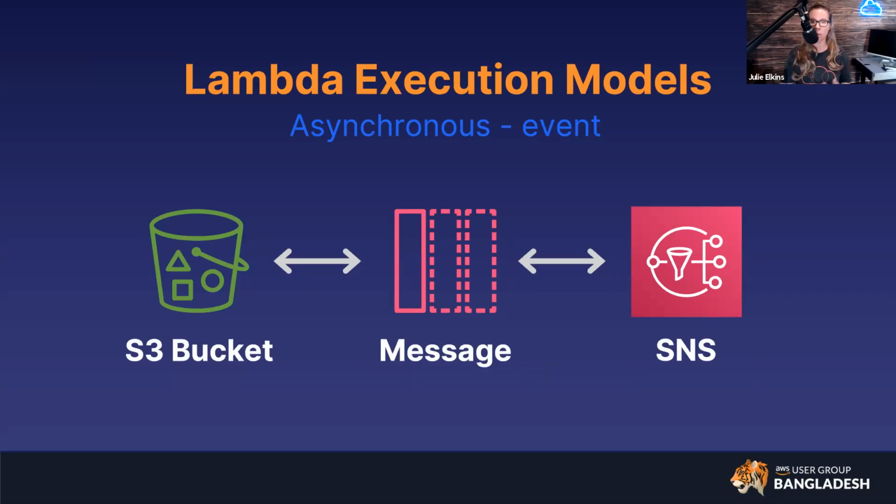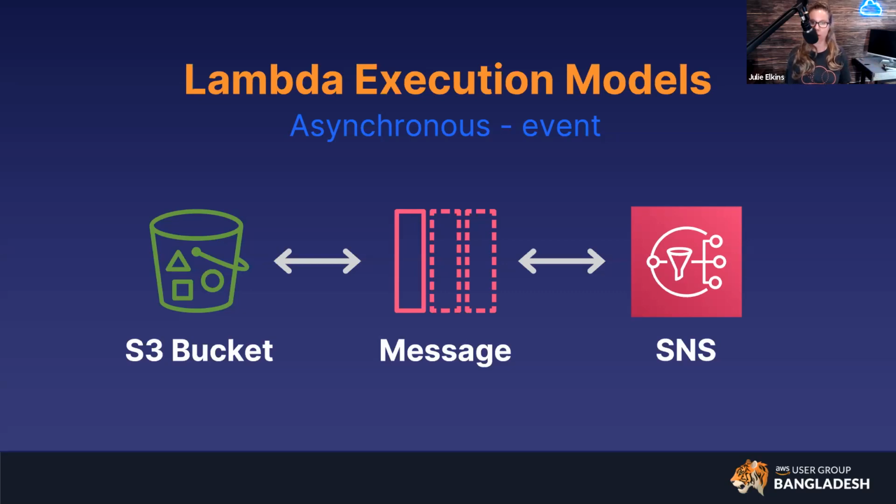And once Lambda receives the passed information, then the Lambda function could work with Elastic Transcoder to make thumbnails. And when we invoke a function asynchronously, we're not waiting for a response from our function code like we would when we use a synchronous execution model. We're simply handing the event off to Lambda, and then Lambda handles the rest.